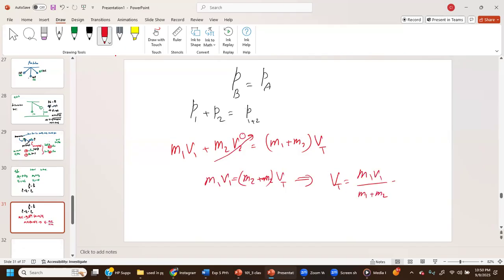And in this case, it would be 40 times 3 over the mass of the girl, which is 40, plus the mass of the sled, which is 10. So your total velocity, in this case, would be 2.4 meters per second.